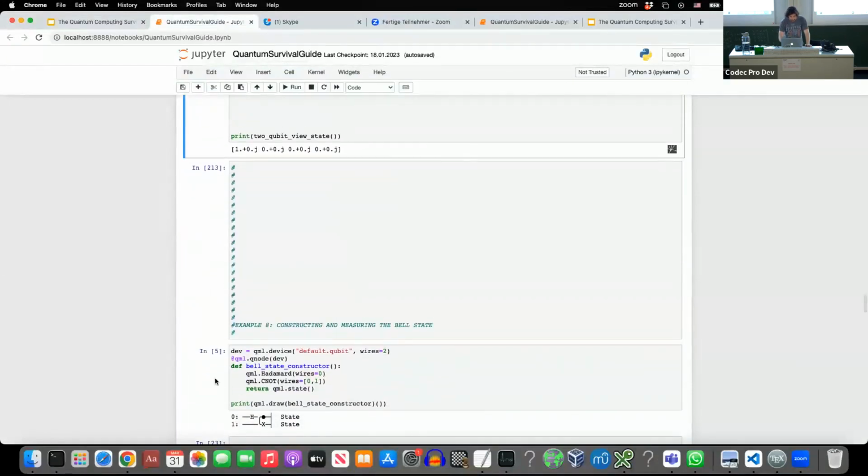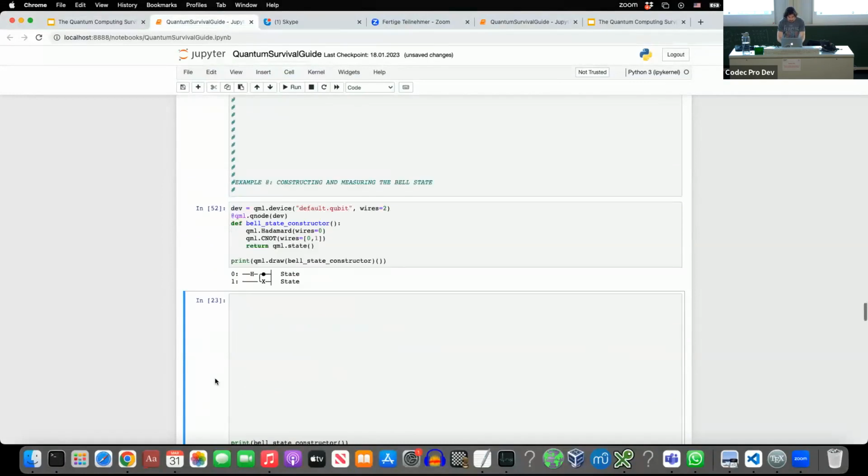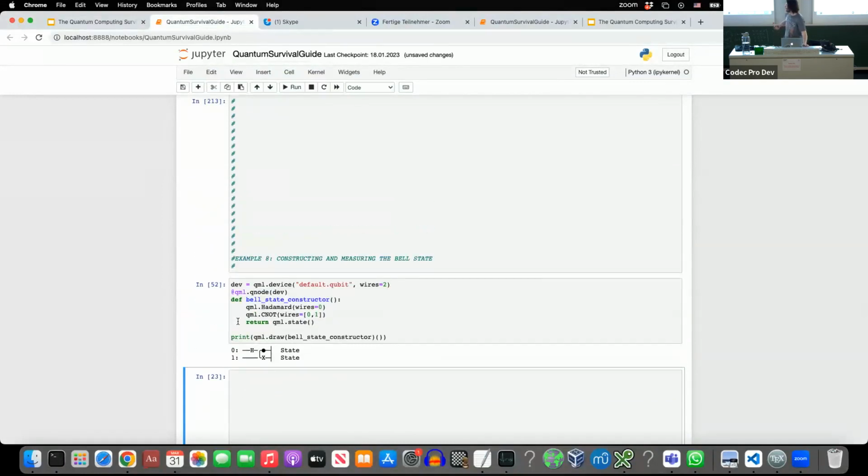Okay, so first of all, I'm going to just describe our Bell state constructor. So I've just implemented the circuit that I have previously described on the slides in Pennylane. And now we can see that our circuit diagrams are starting to get a little bit interesting.